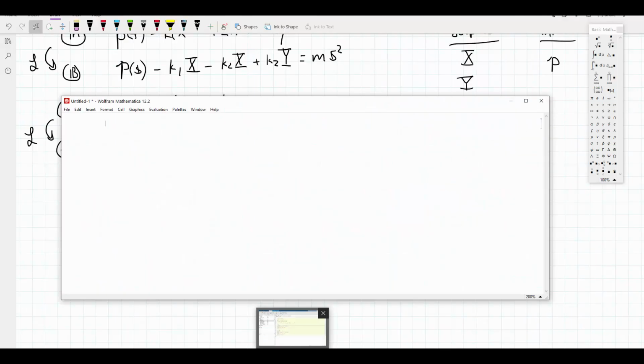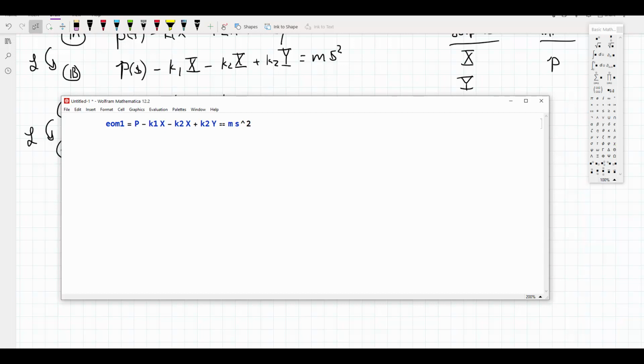All right, so in Mathematica now, I'm going to establish, I'll call it EOM1 for equation of motion 1, and this will be my 1b. So here I'm going to have my p minus k1x minus k2x plus k2y double equals ms squared.